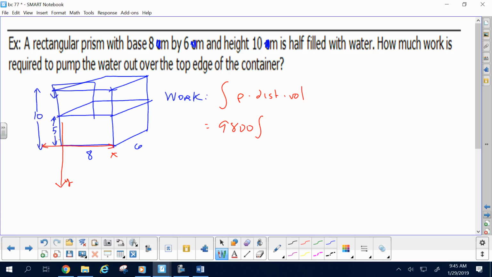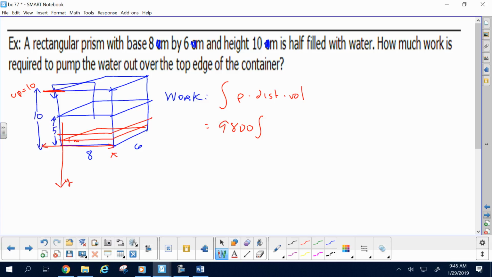All right. Let's start then talking about distance. Imagine this slice of water, or this sheet of water at 1 meter high. How far will you have to pump it to get it over the top edge and out? 9, okay. What about this one at 2? How far will you have to pump it to get it over the top edge and out? 8. So it seems like every time you're taking the top level of 10 and subtracting whatever the y level it's at, yeah?